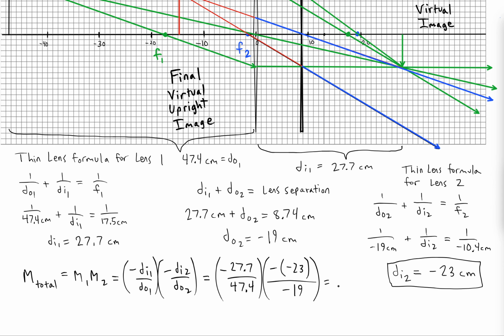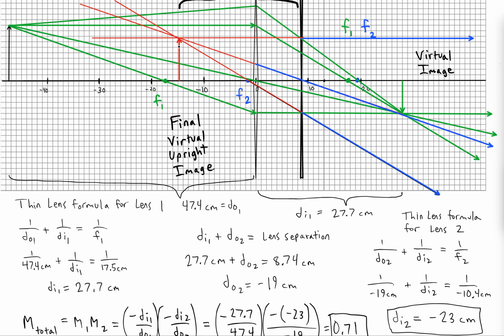I get 0.71 for the magnification. And that looks about right. Could be 71% of the original height. I made the original height 10 centimeters.